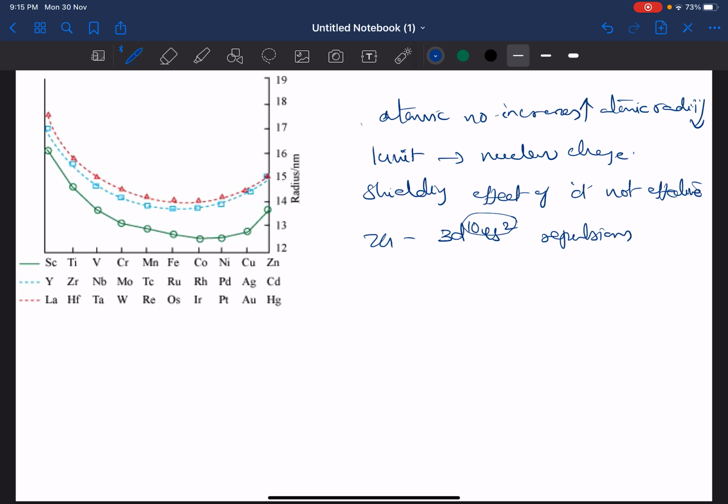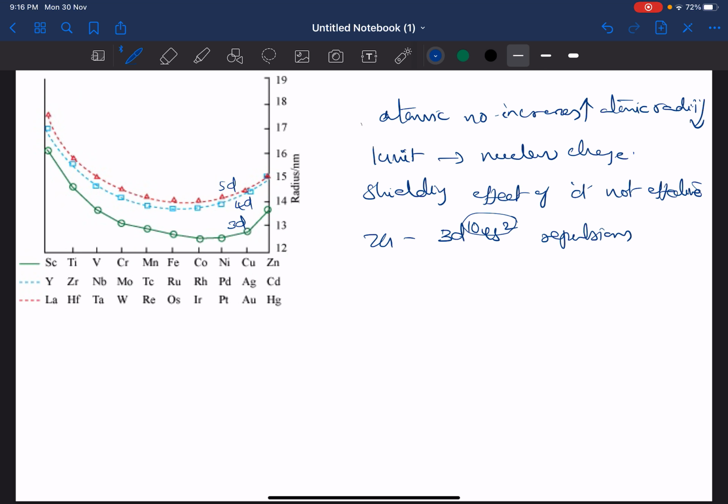And next, the atomic radius of the first series is less than that of the second series. The first series is the 3d series. This one is the 3d series, this blue dotted line indicates the 4d series, and this one is the 5d series.